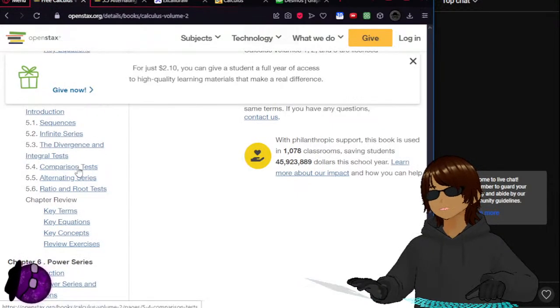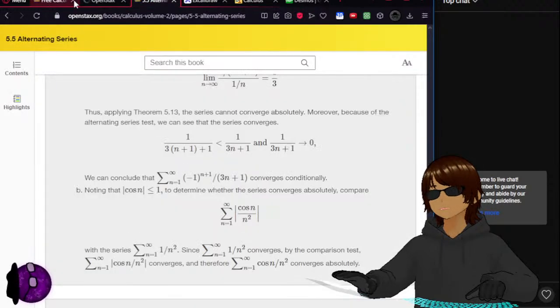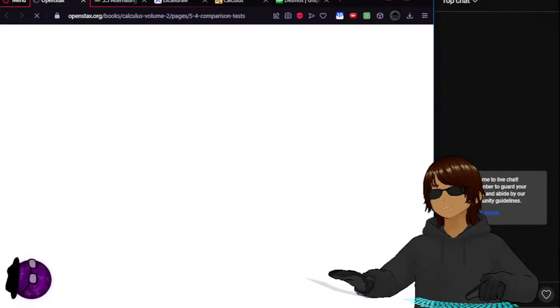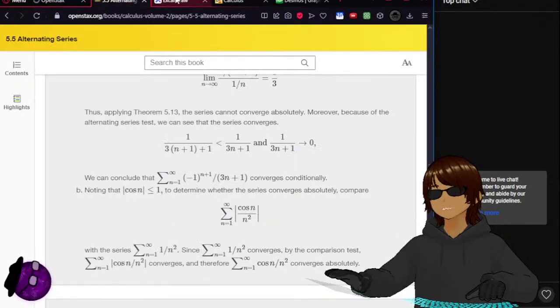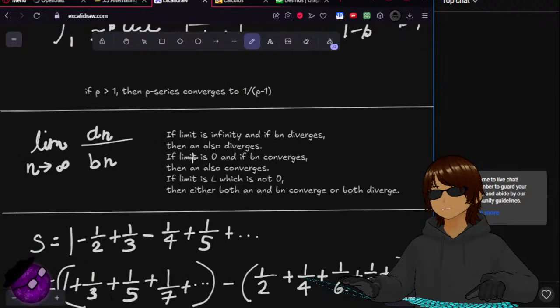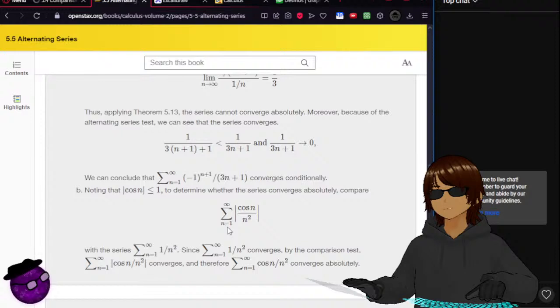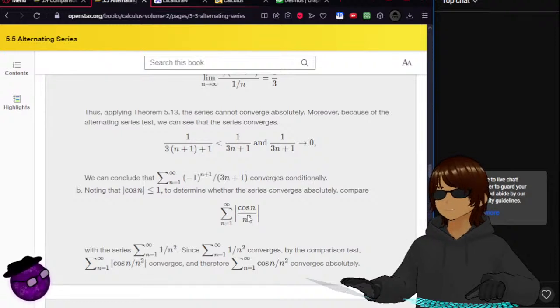What do they mean by like the integral test? Oh, wait, I know what they're talking about. The an over bn thingy. If the limit is 0 and bn converges, then an also converges. The value of cos n is going to go all over the place, right? But 1 over n squared will converge to 0.